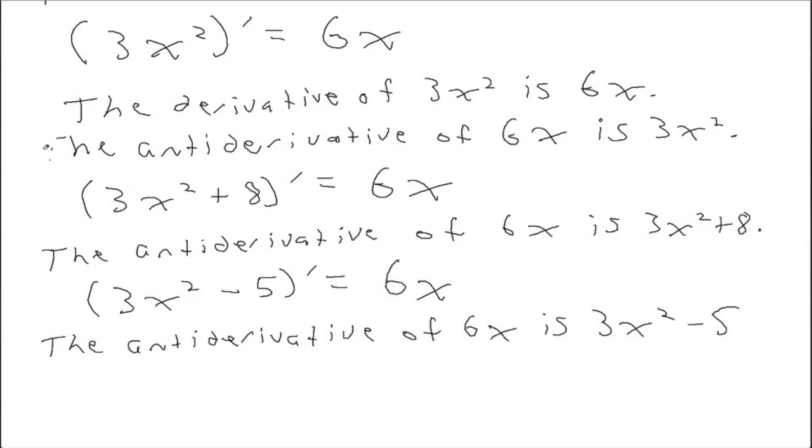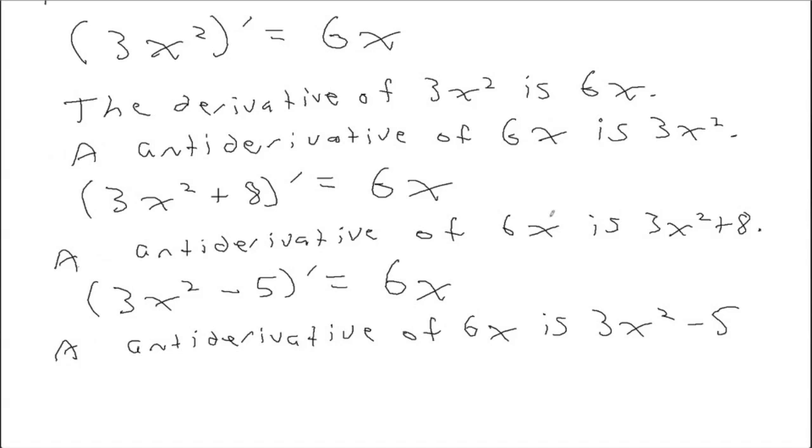So really, we shouldn't be saying "the"; we should be saying "an" antiderivative, right? It's not true that "the" indicates there's only one. Or maybe we should say "one of." One of the antiderivatives of 6x is 3x squared.